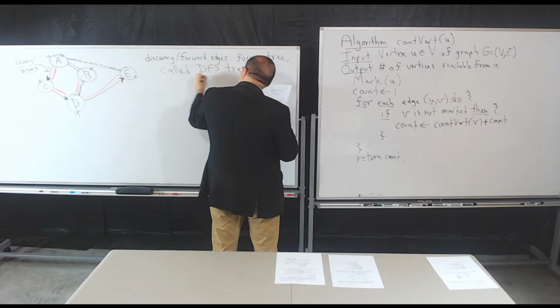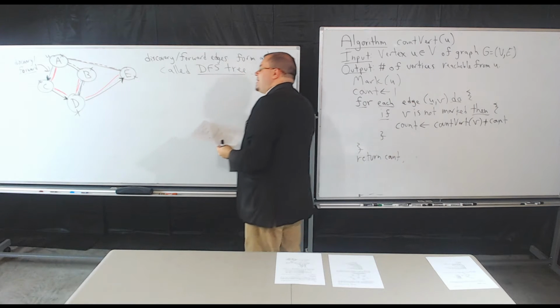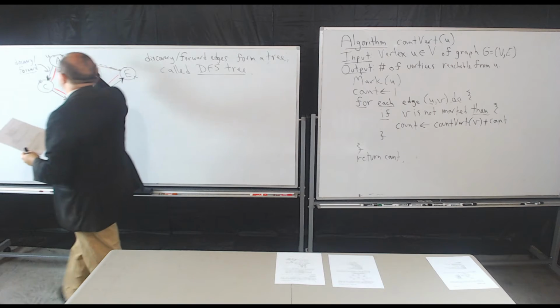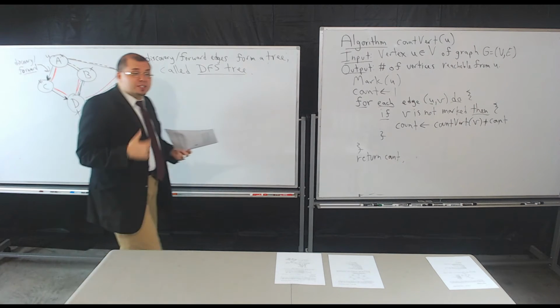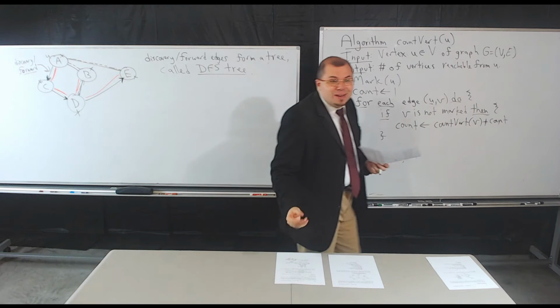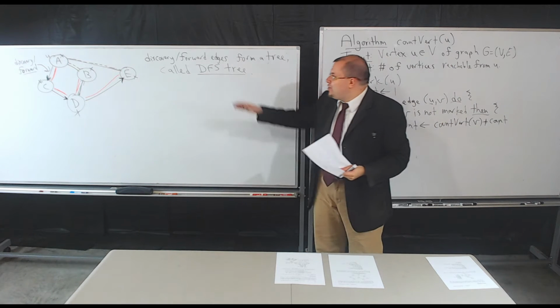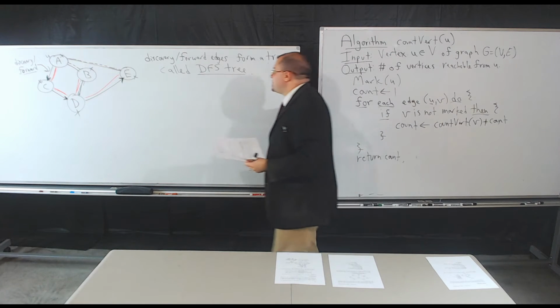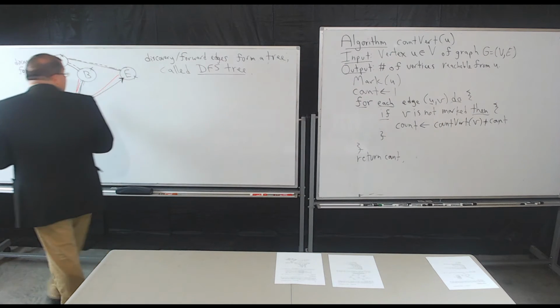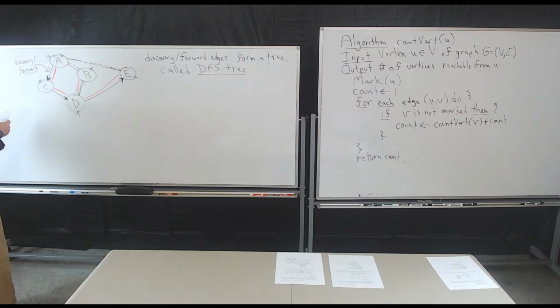I might naturally ask, why do you get a tree? It's because, remember, I don't include the back edges. The back edges would be what would cause cycles. Remember, we established a back edge determines the existence of a cycle. So if I ignore all the back edges, there's no way there's going to be a cycle, right? So we end up with a DFS tree.